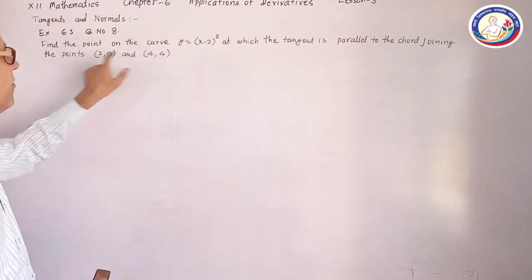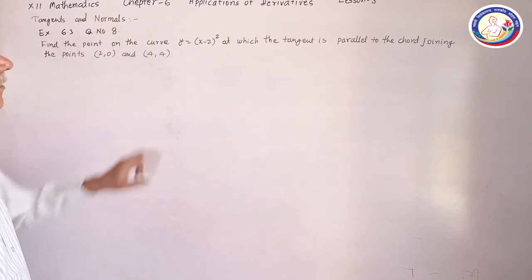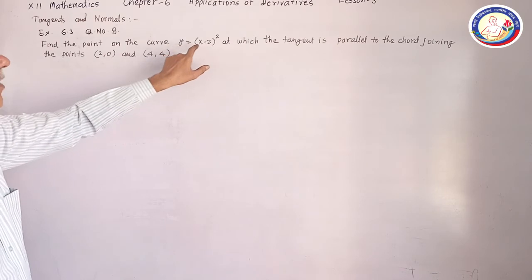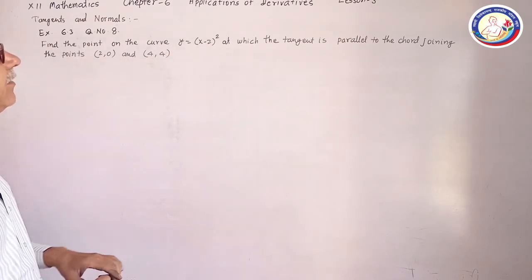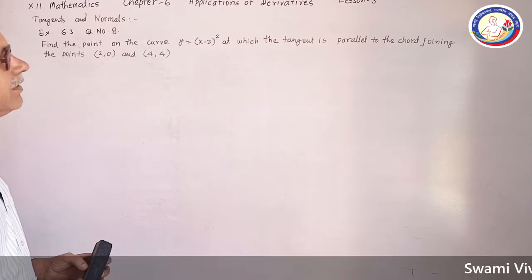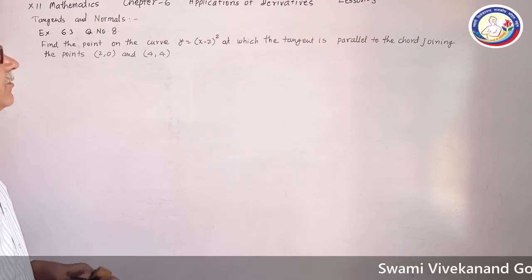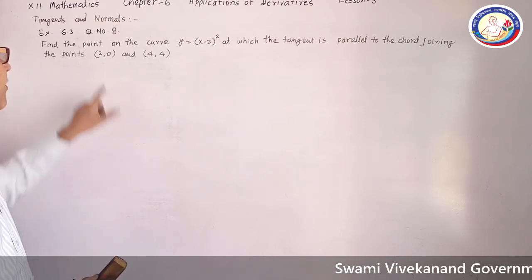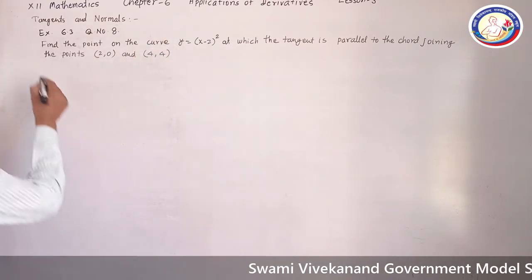So we will find the slope of this line joining these 2 points, and then we will equate the derivative, the slope, with this slope, and then we will find the point where the tangent is parallel to the chord. So first of all, we will find the derivative of this curve.